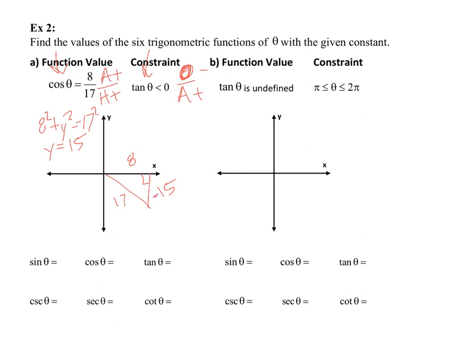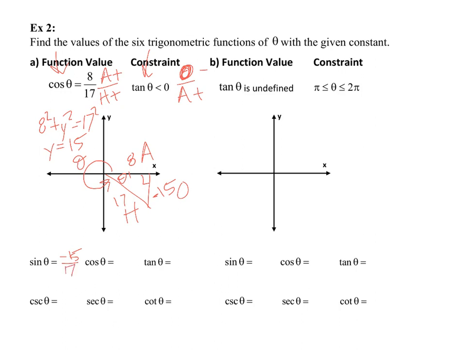Now you can answer your questions. This is my theta, and inside here would be my reference angle, theta prime, theta with the apostrophe. Sine is opposite over hypotenuse, so opposite is negative 15, hypotenuse is 17.